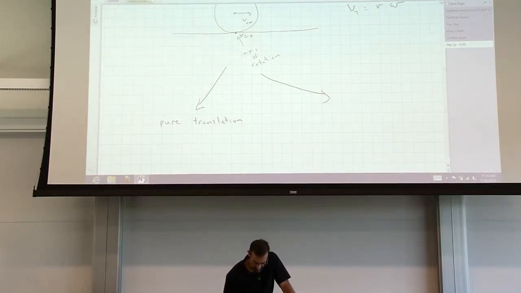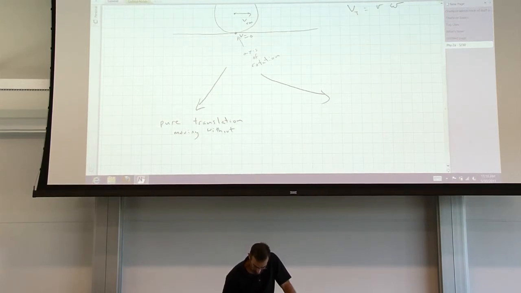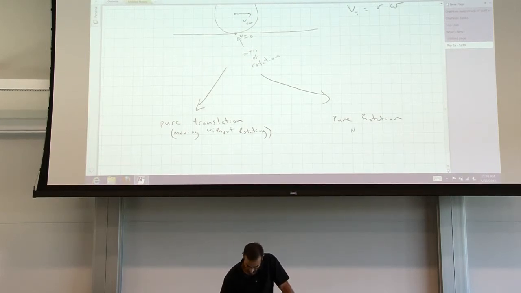Right? So in other words, it's moving without rotating. And the other one will be pure rotation. Okay, so no translation.